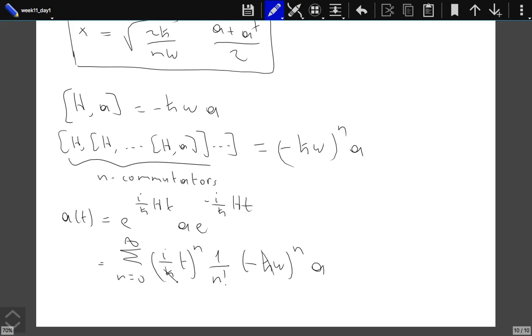But the h bars will cancel. This is equal to e to the power minus i omega t times a.